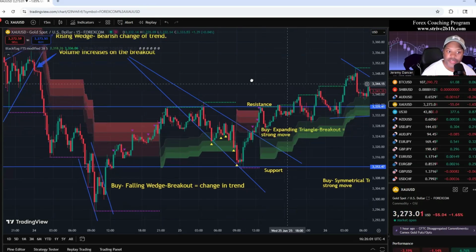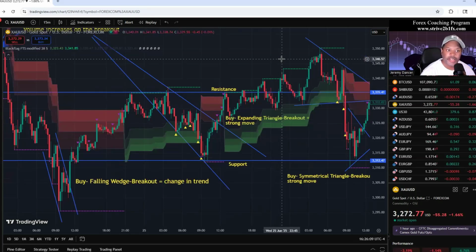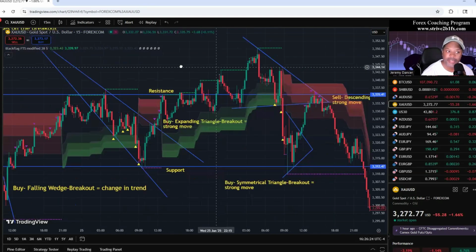Now, there's probably a pattern in here, but I try to keep my charts pretty clean. With this approach, what I have found is that I can usually have about 3 to 5 setups throughout the day. And I think that's more than enough, at least in my case.